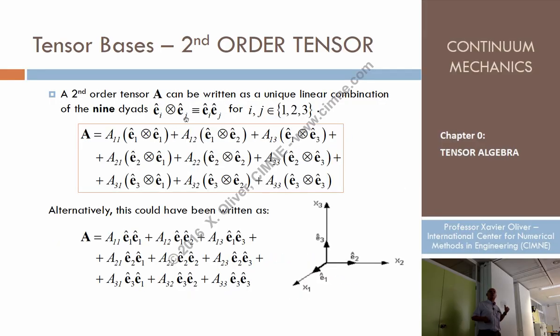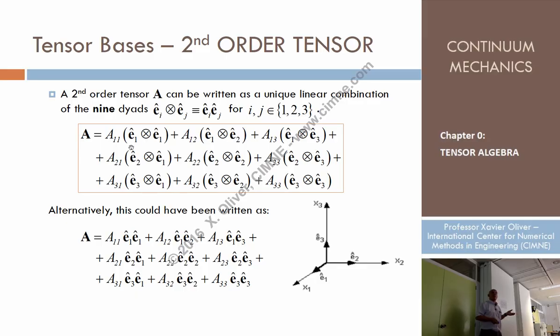It is an order 2 basis, because the bases are grouped in groups of 2: E1 E1, E1 E2, E1 E3, E2 E1, so the order matters, it's not the same. E2 E2, E2 E3, etc. How many of them are there? Of course, 9.